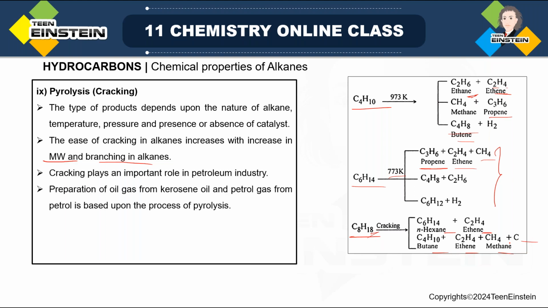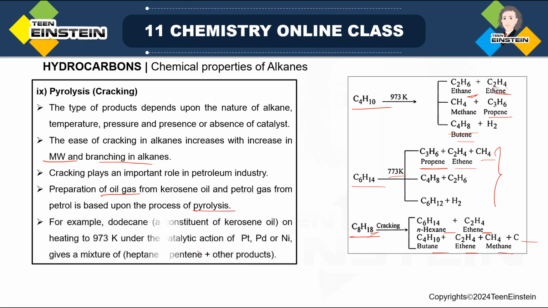Now this type of cracking has a very important application in the petroleum industry. We can prepare oil gas starting from kerosene oil and petrol gas starting from petrol, and it is based upon the process of pyrolysis. Fine. So this is the application. Now for example, if we consider dodecane, the total number of carbon is 12.